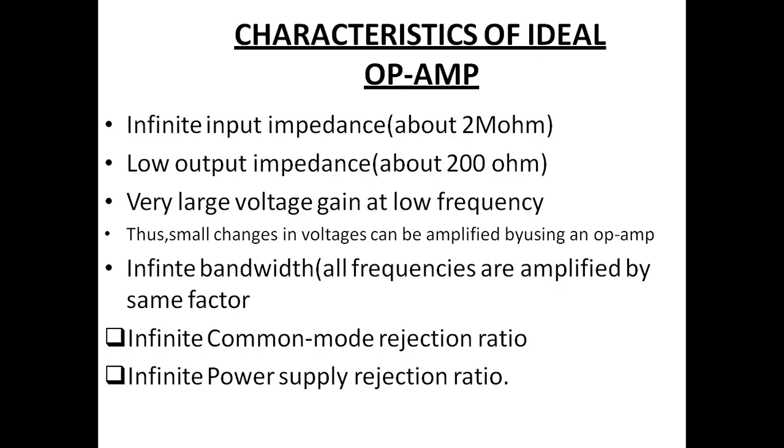We require very large gain at low frequency, so small changes in the voltage can be amplified by using an op-amp. Again, we require infinite CMRR, infinite slew rate, or infinite power supply rejection ratio. Again, as an ideal op-amp characteristic, infinite bandwidth.